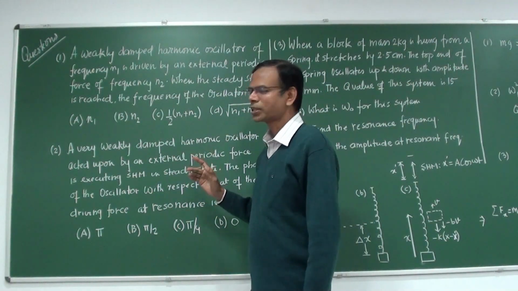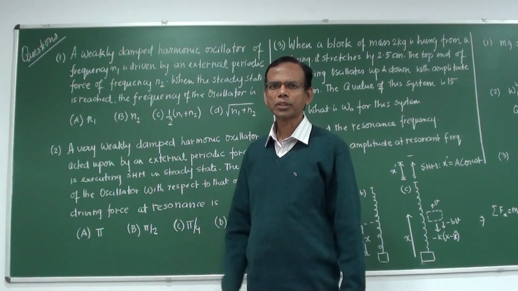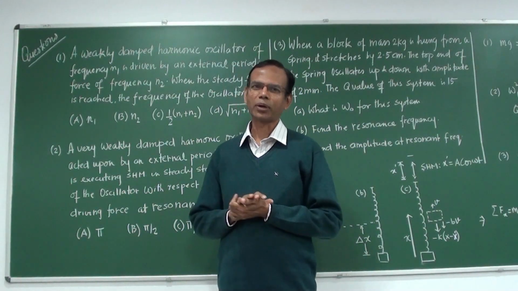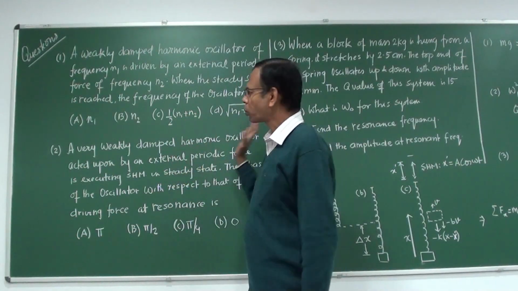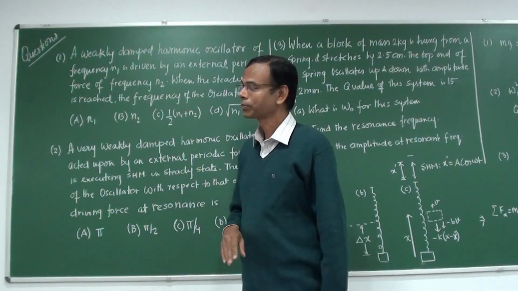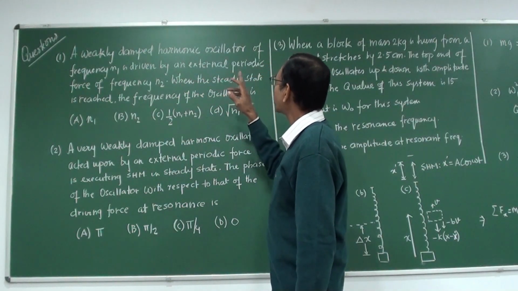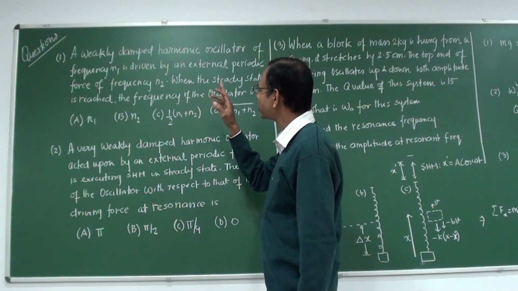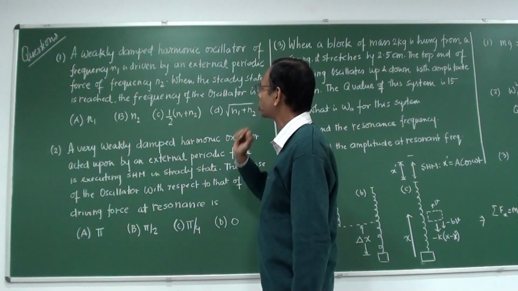So I was looking for some questions. Finally I got some small questions which can clear our doubts and concepts: two objective and one normal question. Let us see. A weakly damped harmonic oscillator of frequency N1 is driven by an external periodic force of frequency N2.